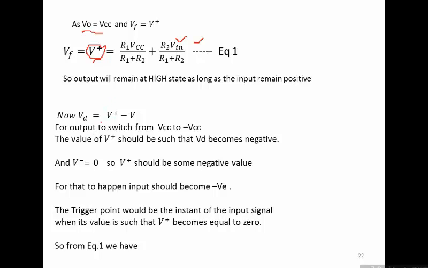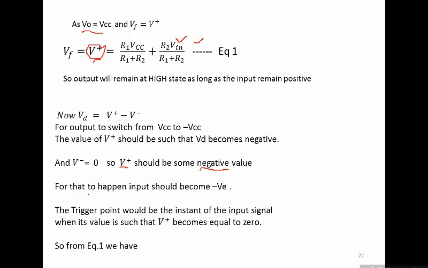So this means that Vd would become negative only if V plus becomes negative. So in order for Vd to become negative, V plus should be negative, so that Vd becomes less than 0 and output switches to minus VCC.